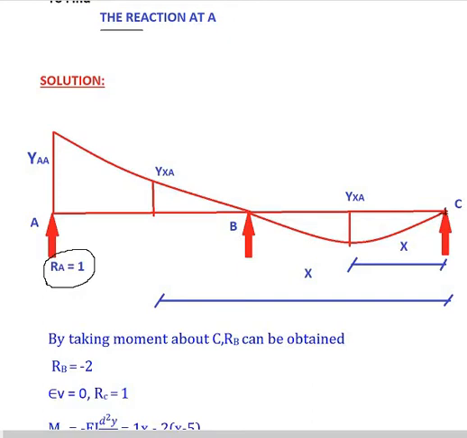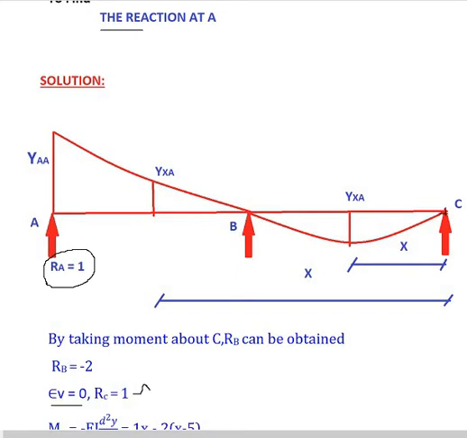The next thing is the equilibrium condition. As we know, there are 3 equilibrium conditions: summation of moment is 0, summation of horizontal force is 0, and summation of vertical forces is 0. By using the equilibrium equation, summation of vertical force equal to 0, we can get the value of RC.